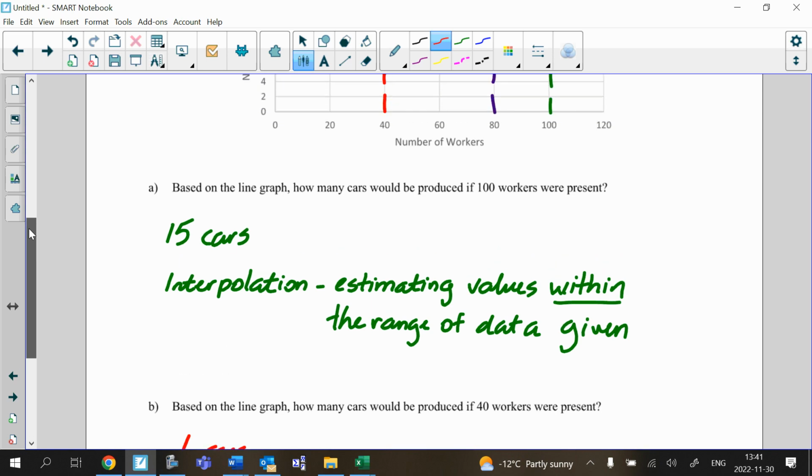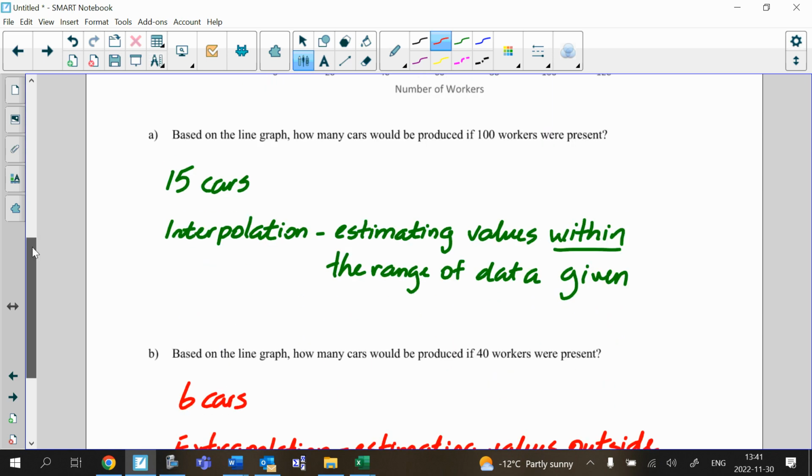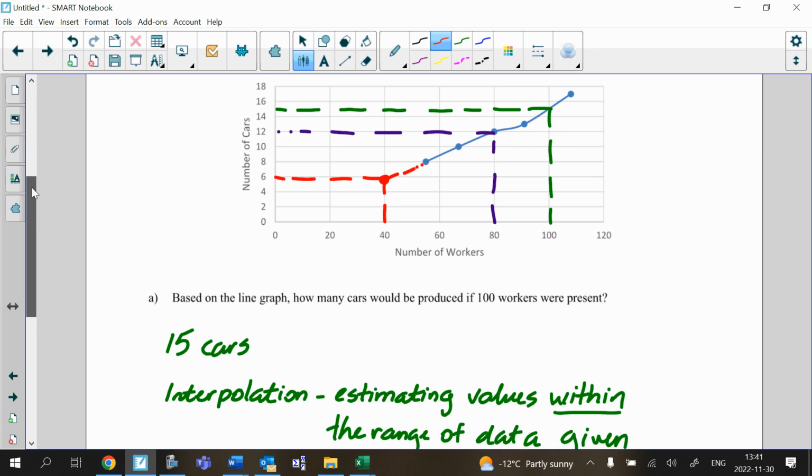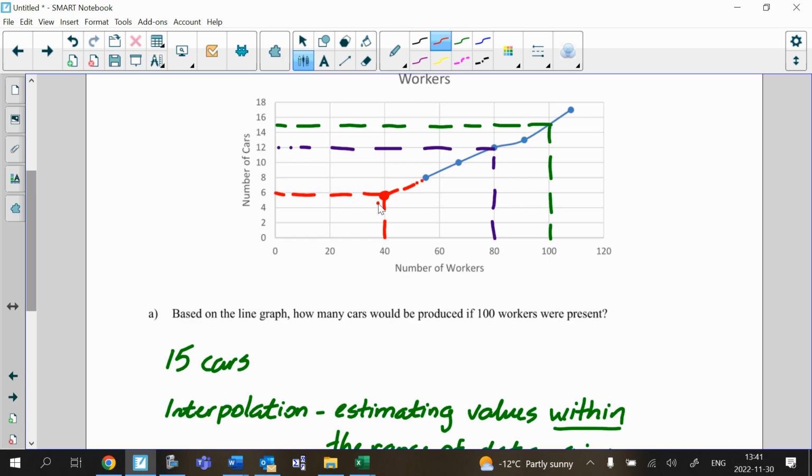Number of workers, maybe 6 or so. Well, if we try to say at 6 workers, how many cars are produced? 0. Well, that really doesn't make much sense. You've got to figure they're going to produce something.